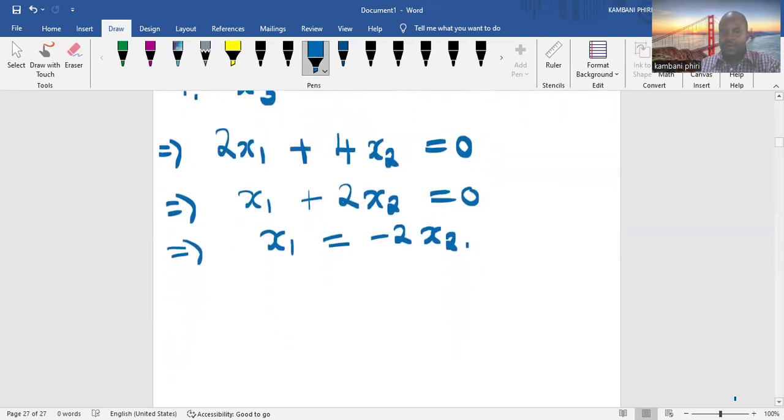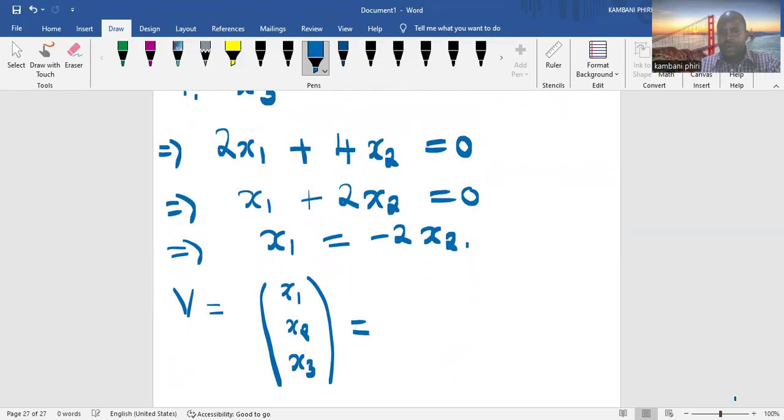So now our eigenvector is supposed to be x1, x2, and x3. Our x1 is negative 2x2, our x2 is x2, and our x3 is 0.